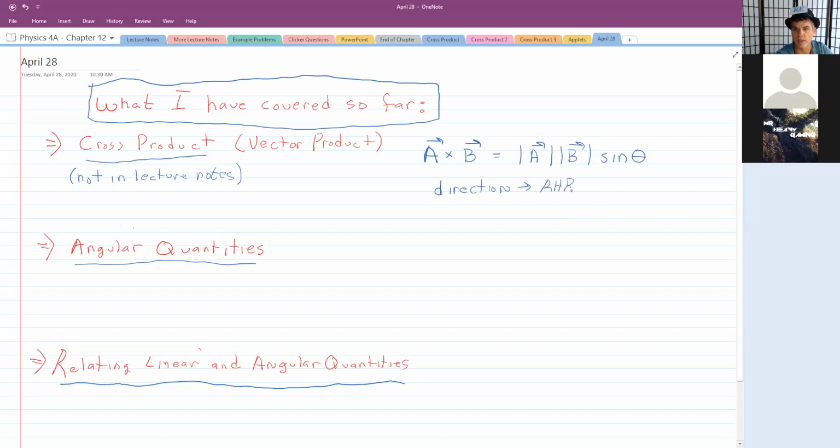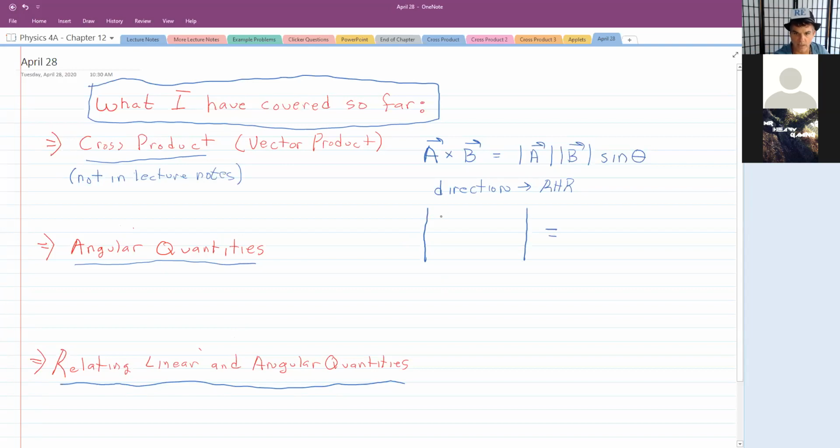With the fingers of your right hand, you curl the first vector A into the second vector B. Your thumb is going to point in the direction of the cross product. That's how you would do it if you were given the magnitude and the direction of each vector. But if you were given the vectors in IJK notation, then I went through a little shortcut.